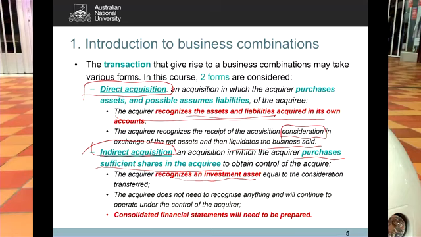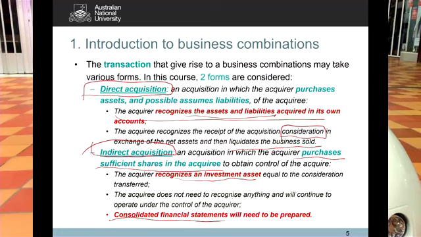Then for the acquirer, they will need to provide the consolidated financial statements. They need to have them because the acquirer is running its own business. In addition to that, they also have the shares in the acquiree, right?